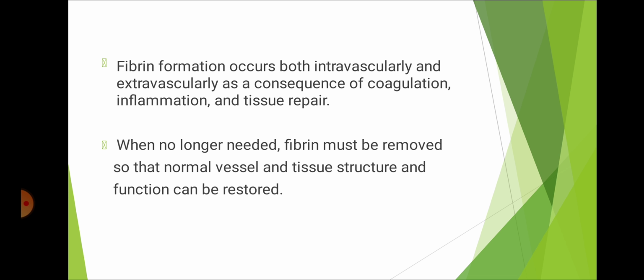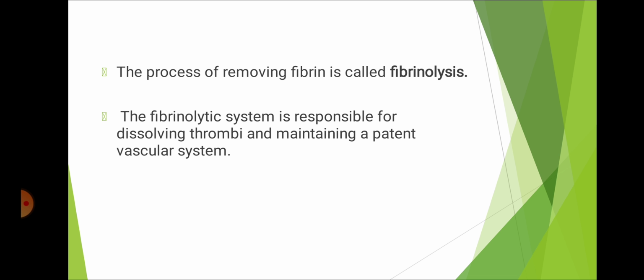Fibrin formation occurs both intravascularly and extravascularly as a consequence of coagulation, inflammation and tissue repair. When no longer needed, fibrin must be removed so that the normal vessel and tissue structure and function can be restored. The process of removing fibrin is called fibrinolysis.